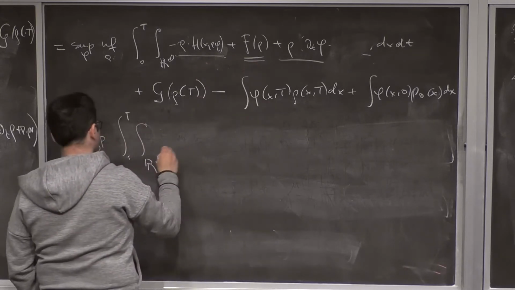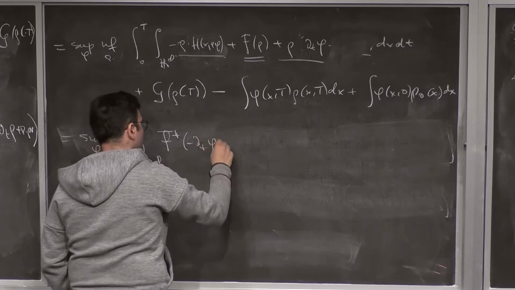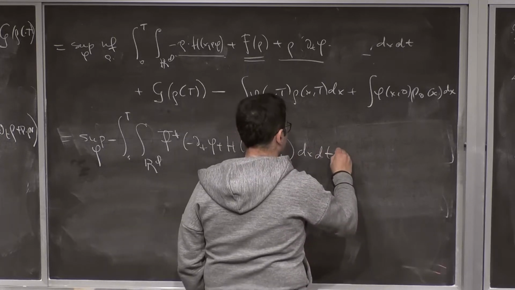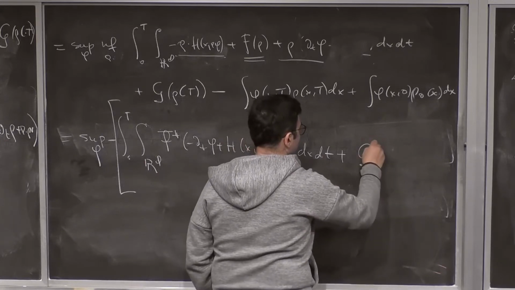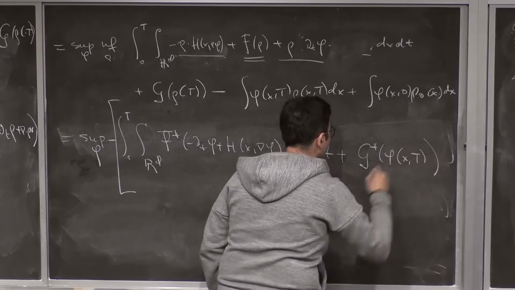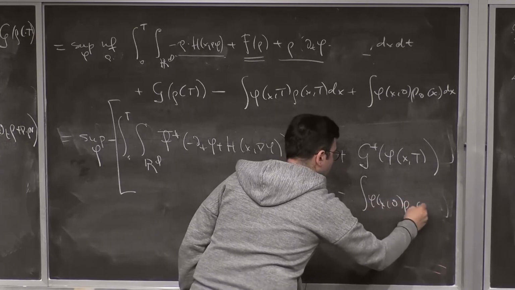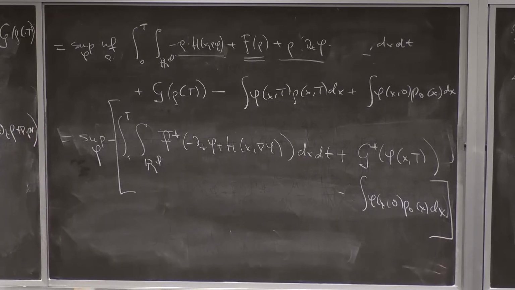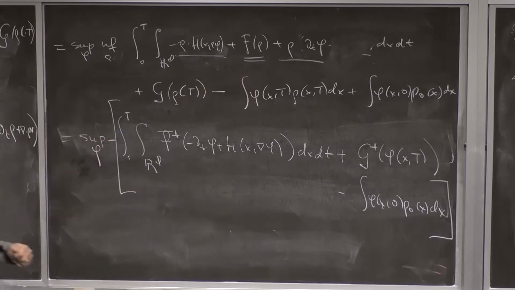So there is minus t, t minus. If we optimize with respect to rho and replace these expressions by f star and g star, the way I was writing before, we get this dual optimization problem.